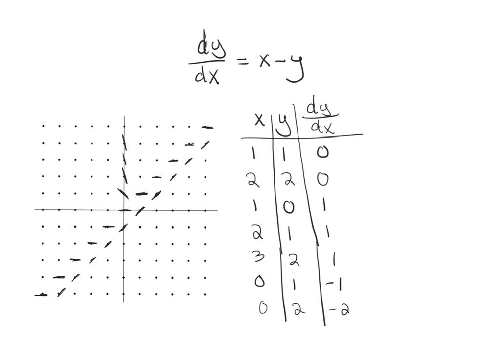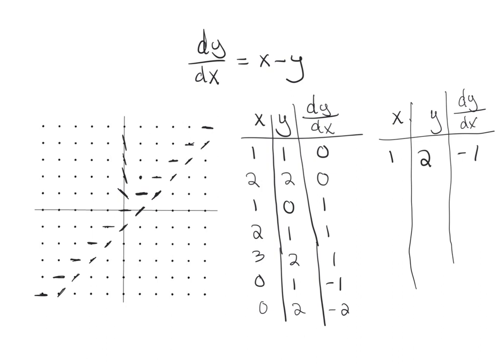All right, let's keep filling this in a little bit. We're not going to get every point on here, but we'll keep going. This point is 1, 2. 1 minus 2 is negative 1. And that negative 1 slope is going to continue. All right, let's get some of these points right here. So negative 1, 1, negative 1 minus 1 goes to negative 2.